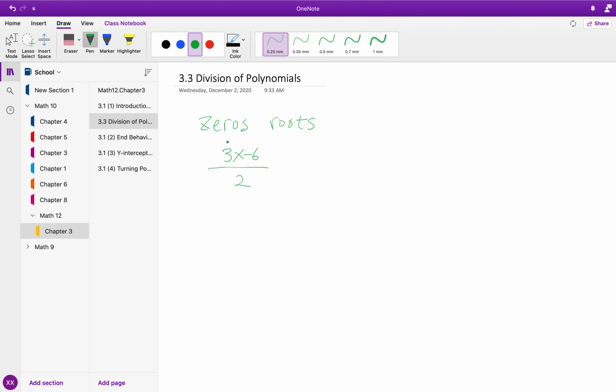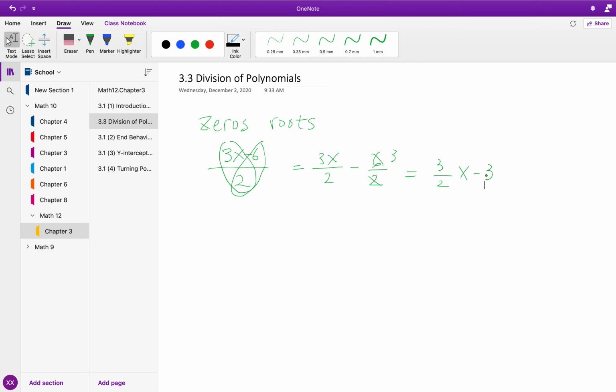So in this case, I always draw like that. This is 3x divided by 2, subtract 6 divided by 2. So then we have 3 over 2 x subtract 3.